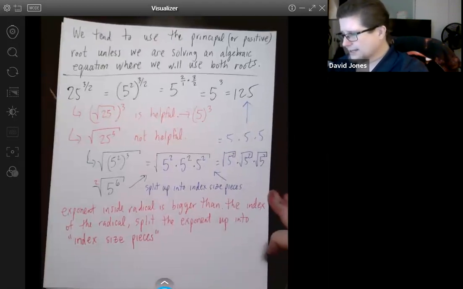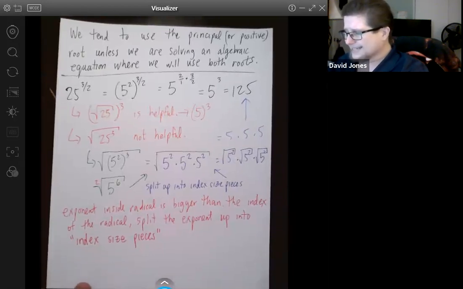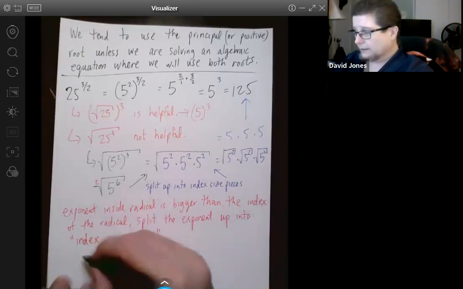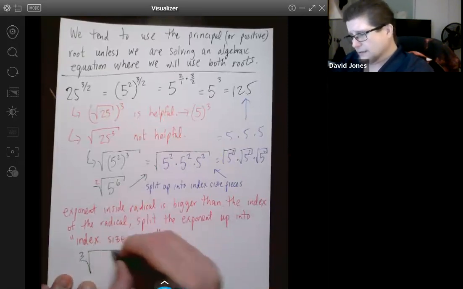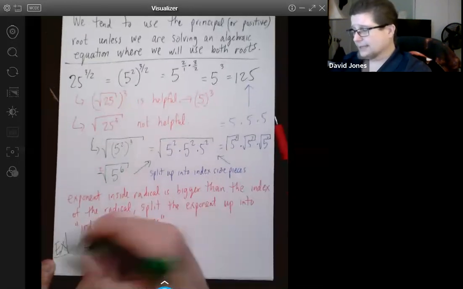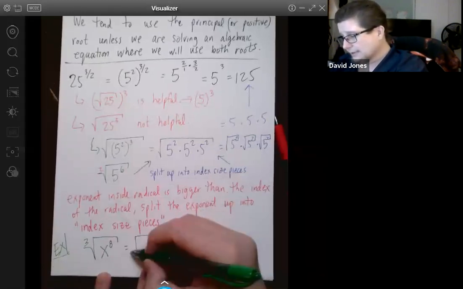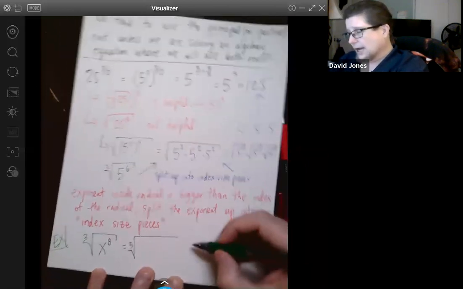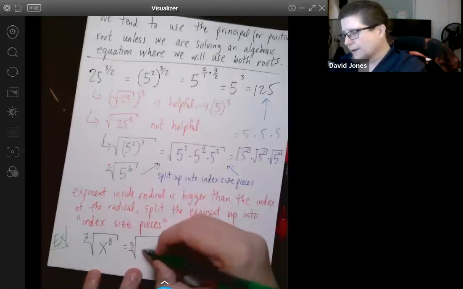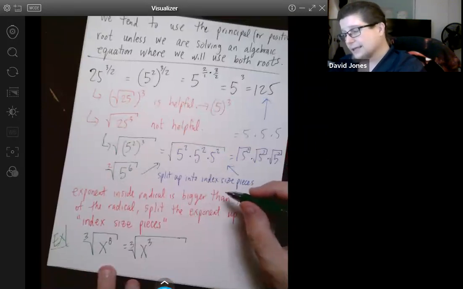Let me make this splitting up into exponent size pieces a little bit clearer. Let's say I've got the cube root of x to the 8th power. So this is my example of what I meant by the last thing. I'm going to take that 8 and keep subtracting 3 from it and writing them down. So if I do 1 x cubed, I've got an x to the 5th.